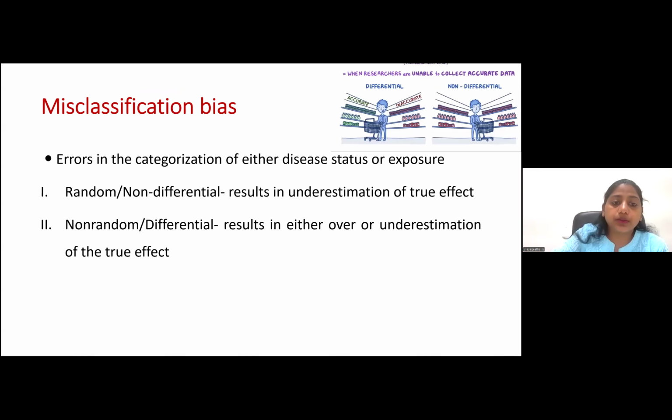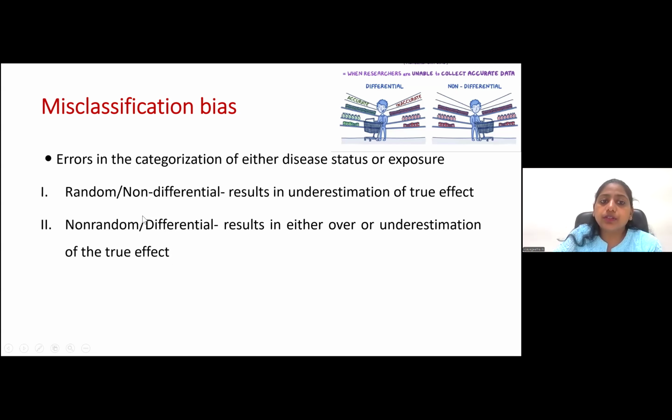In a case control study, if the one who is assessing knows that the person is a case or a control, they are more likely to look at the exposure status in cases as compared to controls. So this difference between assessment in the different groups is called differential misclassification bias.